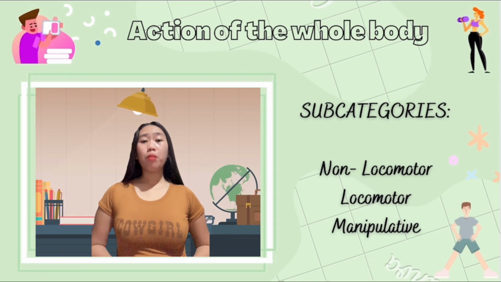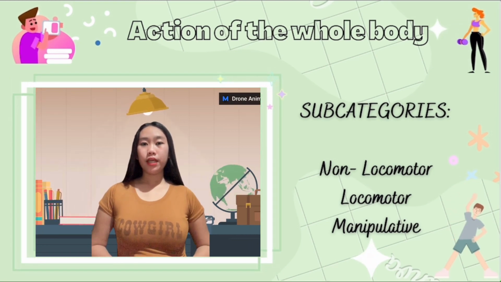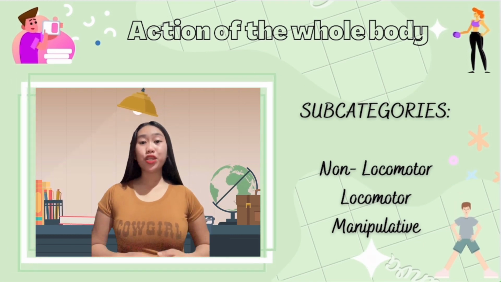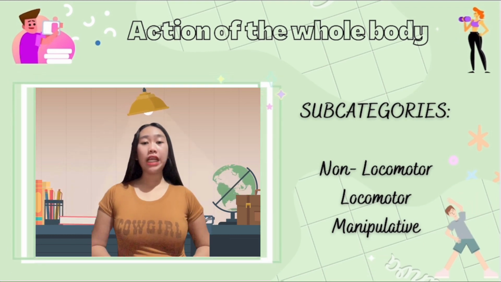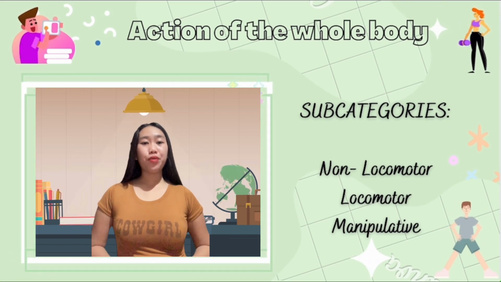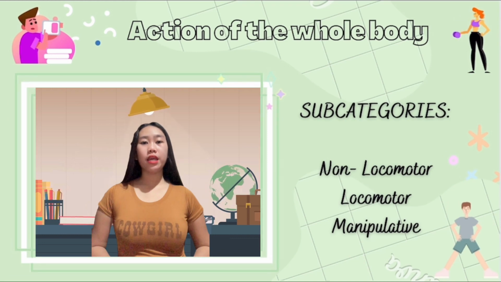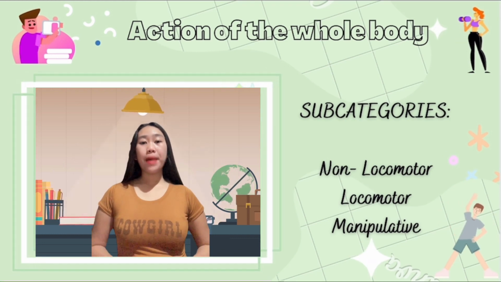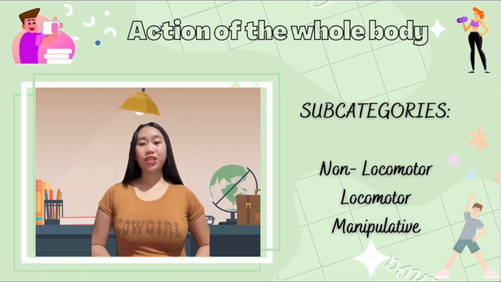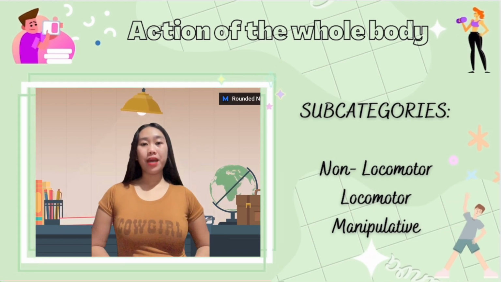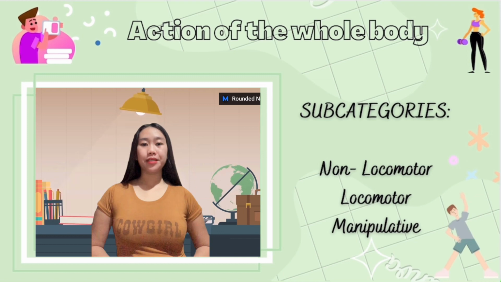Non-locomotor skills include any movement that does not travel but uses the available space in any direction, or movement organized around the axis of the body. Bending, twisting, stretching, and swinging are examples of non-locomotor movement.